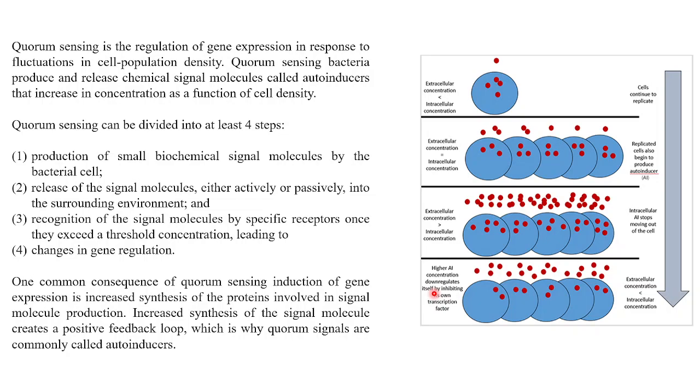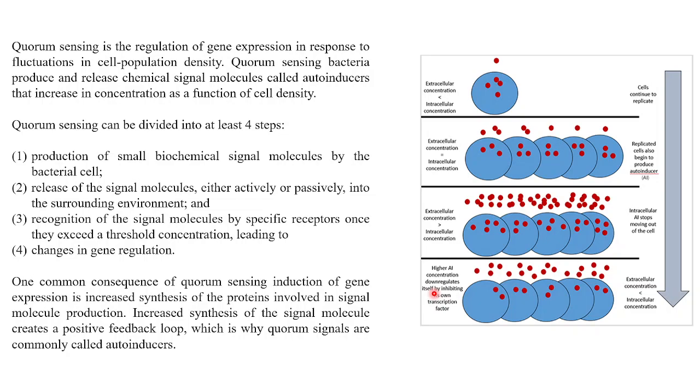And then the genes involved in signal molecule production, these proteins are more and more synthesized. Basically it's a positive feedback loop, because now we are synthesizing more proteins that are involved in signal molecule production, and this goes back, and then the quorum sensing process is more enhanced.